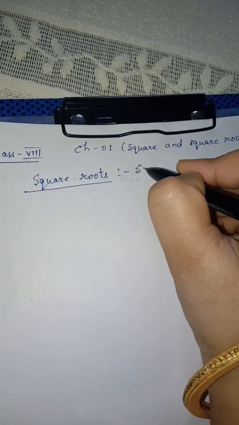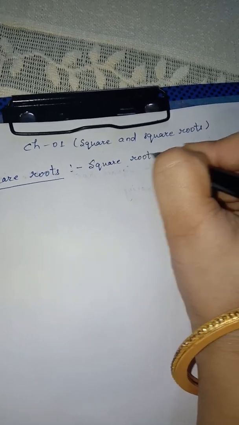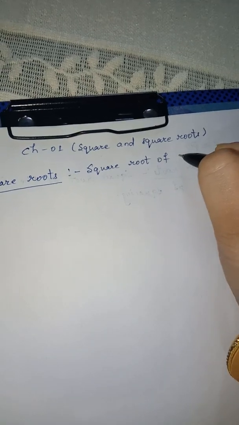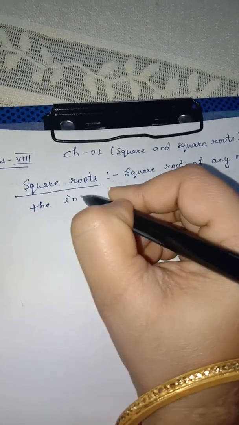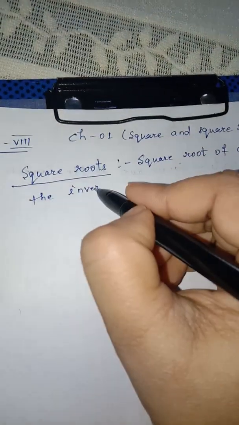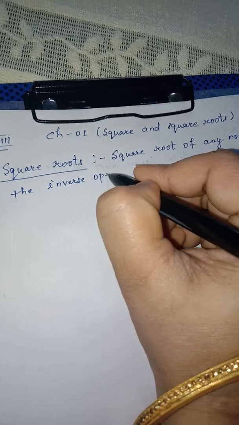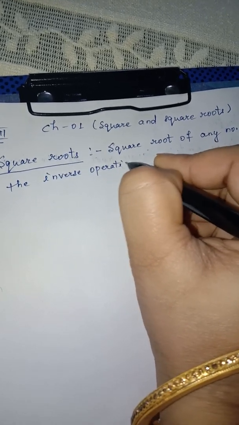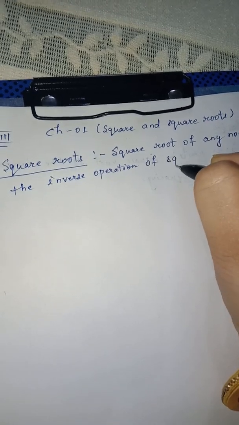A square root of any number is the inverse operation of squaring.